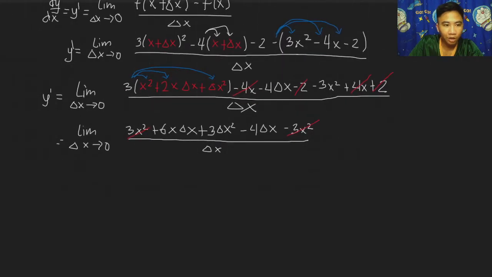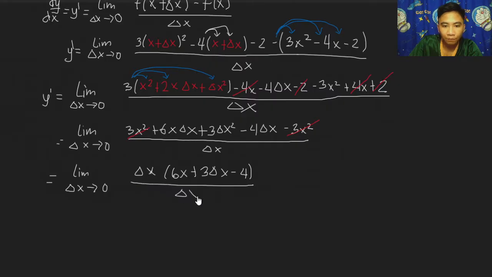So we will now have, just factor out nyo lang yung delta x. Copy lang ito. Kapag factor out natin si delta x, we will have 6x plus 3 delta x minus 4 all over the delta x. Now we can cancel this one and this one.